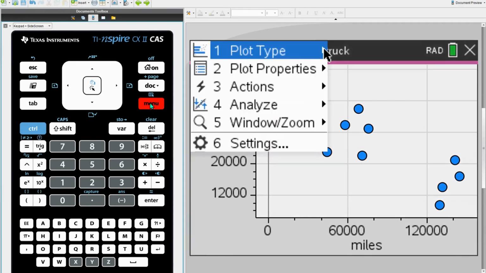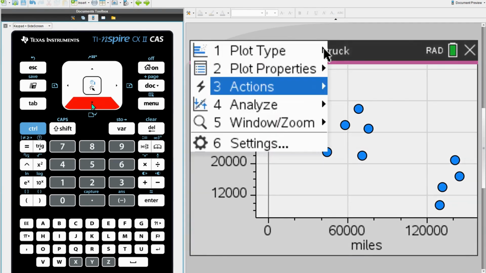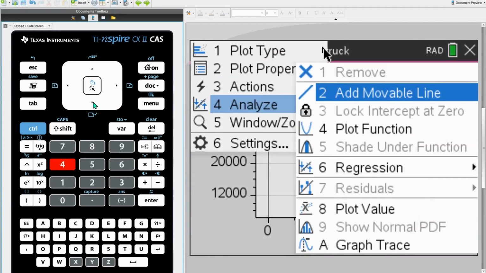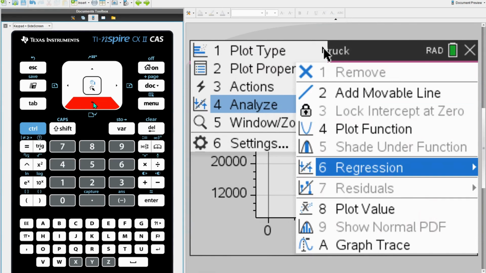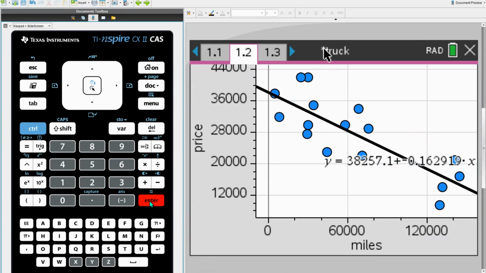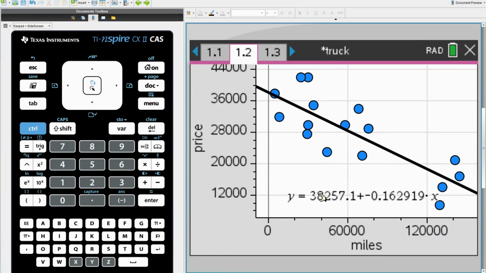We choose Menu. We choose Analyze, which is option 4. We're going to be looking at the regression. And again, we can choose Show Linear, A plus BX. And now our linear regression line is shown going through our data.